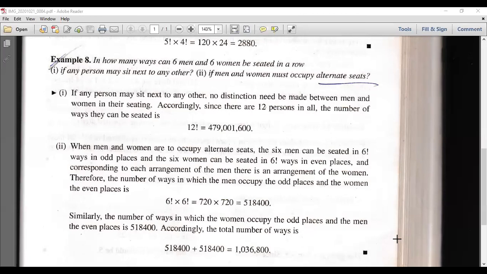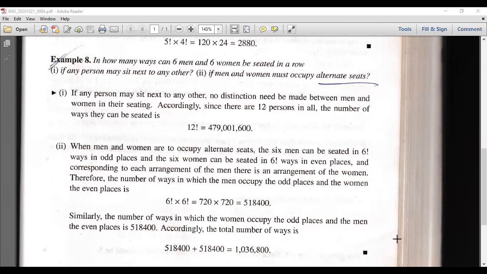So here, in the odd positions we have arranged the men. But alternatively we can arrange the women in the odd positions and men in the even positions.